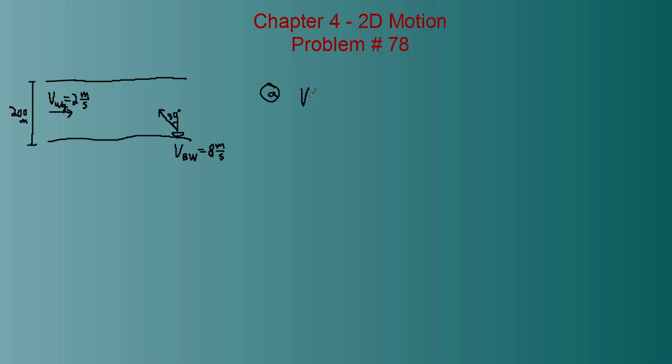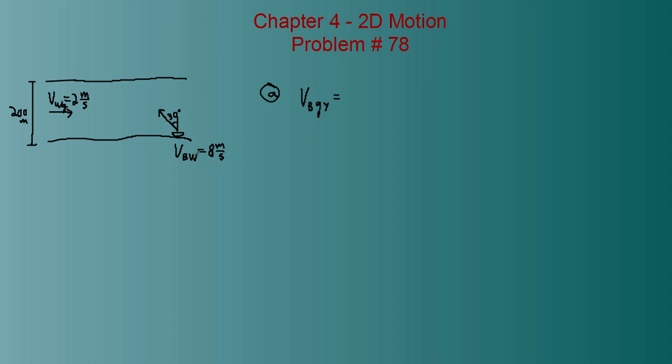The velocity of the boat with respect to the ground in the y direction, well, since in the y direction the water and the ground are not moving relative to each other, then the velocity of the boat with respect to the water and the velocity of the boat with respect to the ground are the same, right?